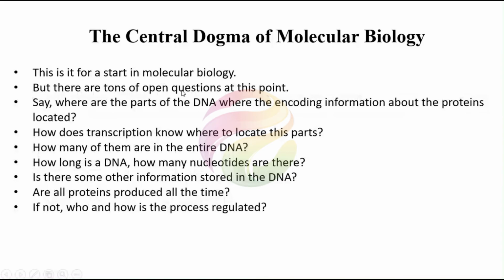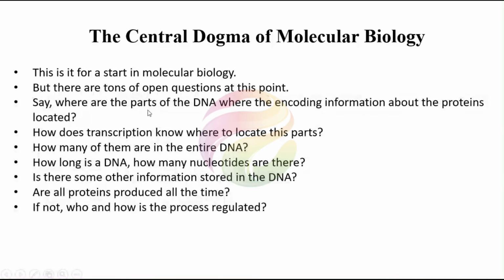But there are tons of open questions at this point. I hope that since the genetic material DNA is going to convert into RNA and then proteins, many questions will come to your mind. So say, where are the parts of DNA where the encoding information about the proteins is located?